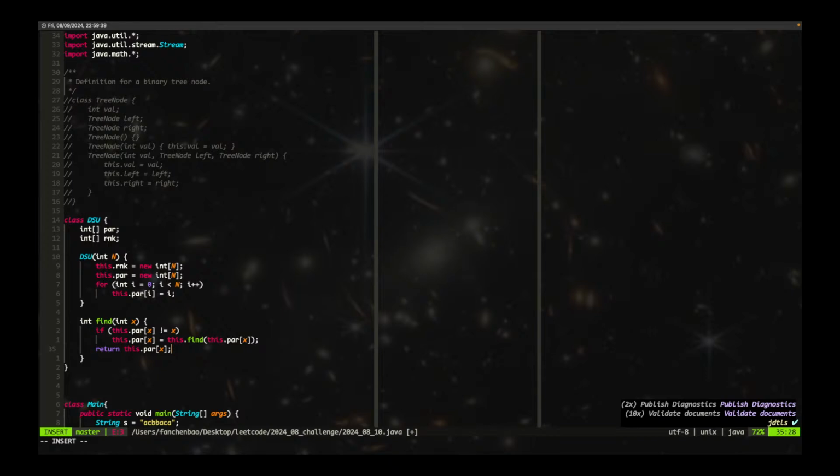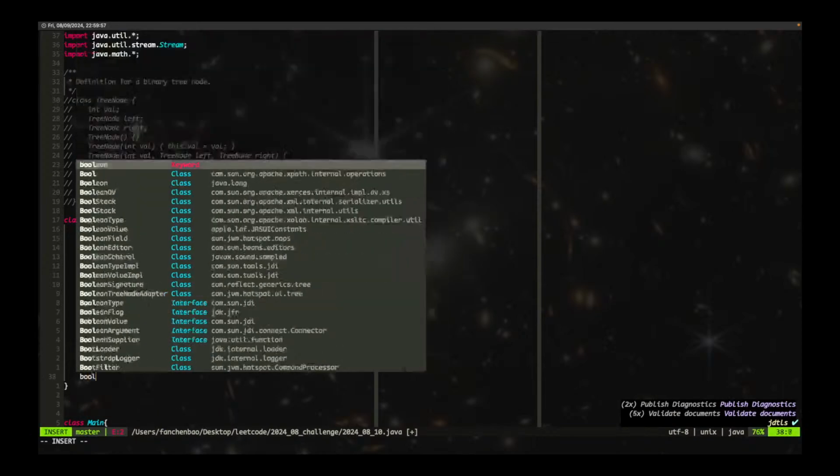So basically, it says if the parent is not itself, then we reset its parent to find its parent, right? And eventually we'll return. Okay, so I think this is good.